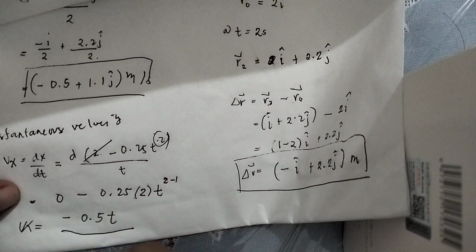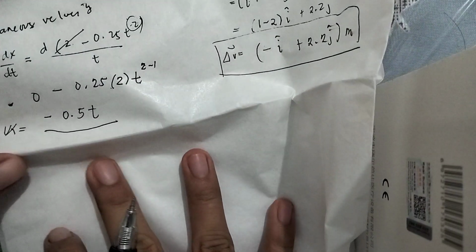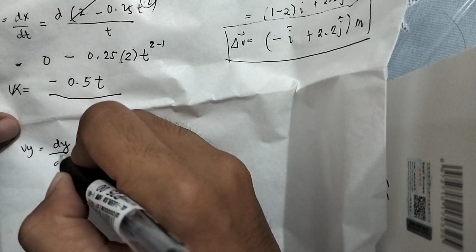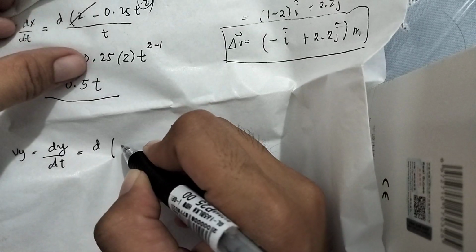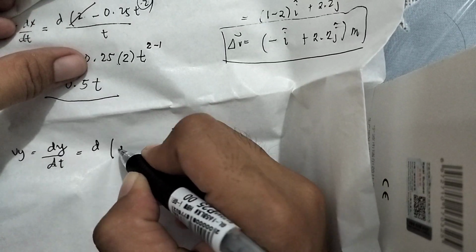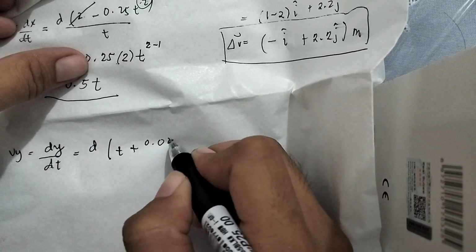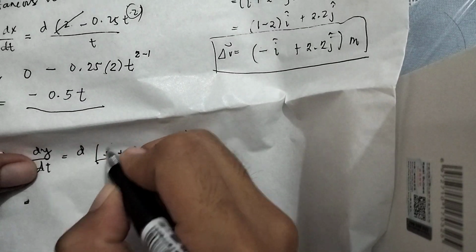So, that is Vx, the instantaneous velocity along the x. Now for Vy, dy over dt. We have the function for y. I just took out the units so you won't be confused: t plus 0.025 t cubed. So, the derivative of t, the exponent is 1.